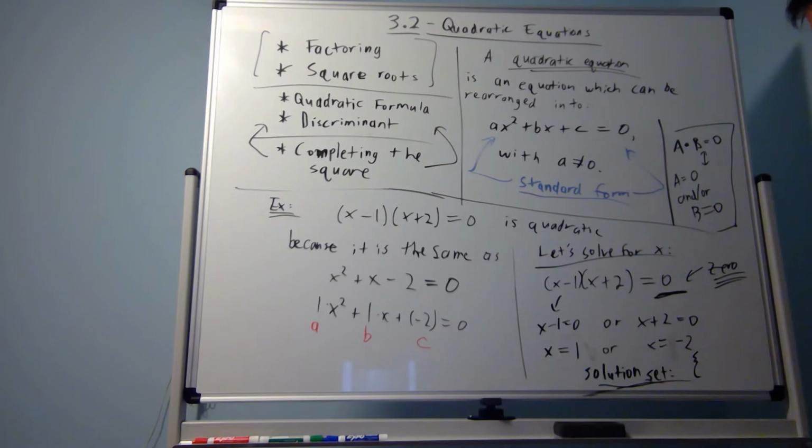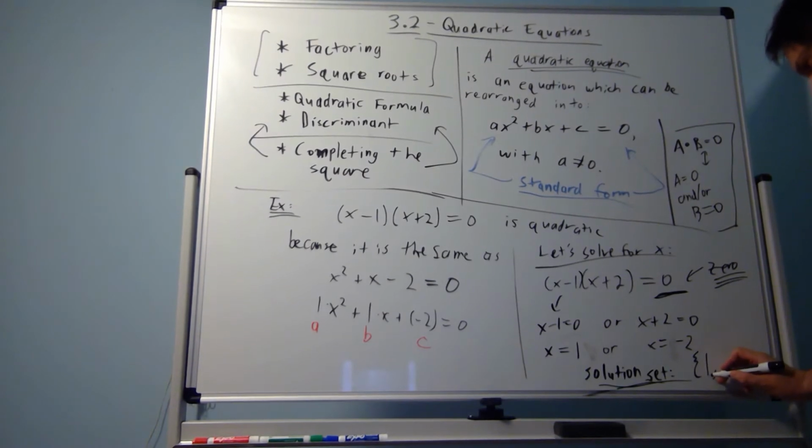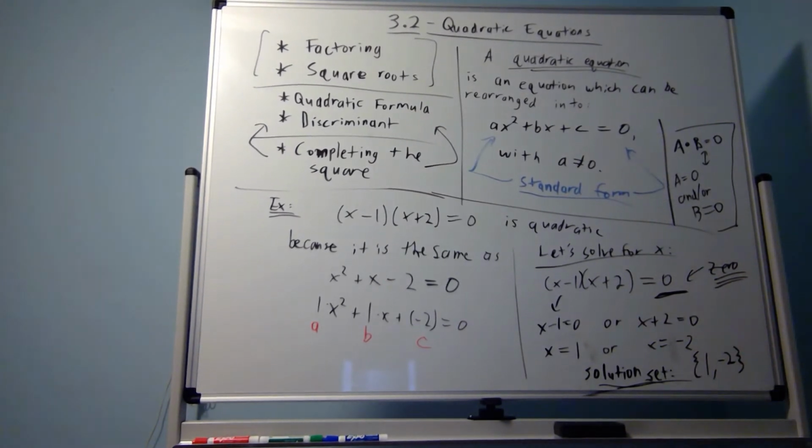So we use set notation, because it's not an ordered pair, it's not a point on a graph. These are just two different numbers. So each number is one element from the set of solutions to this quadratic equation. But there's also another one. So that's all we're looking for here.